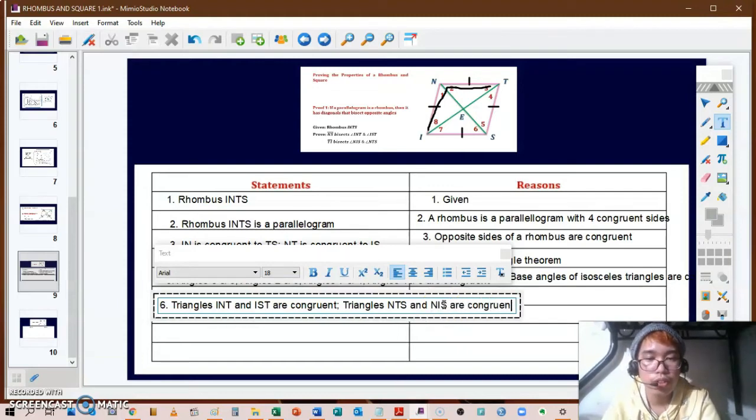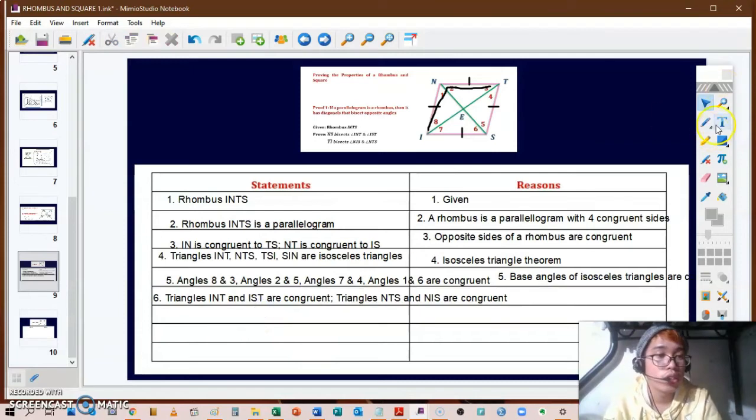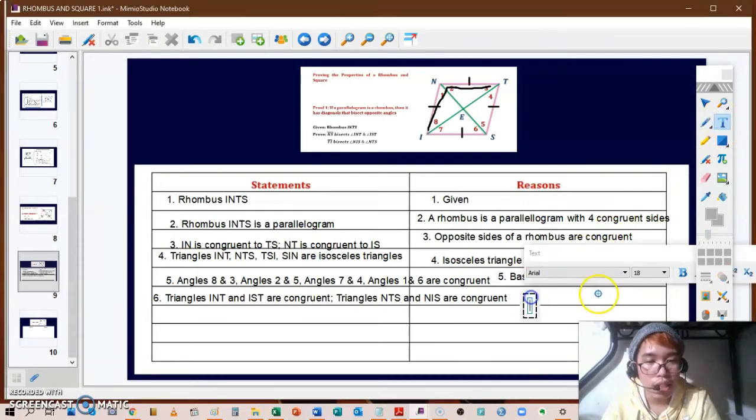The reason for these two pairs of triangles being congruent is simply that the diagonals of a parallelogram create two congruent triangles. So that's going to be one of our reasons for that.